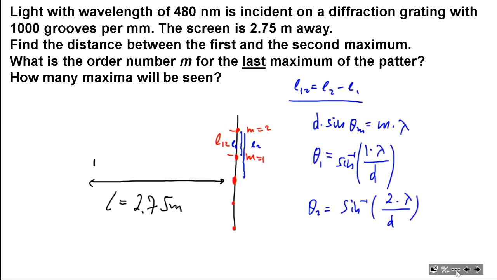What is d? Again, d is the distance between two adjacent slits. So the diffraction grating looks like this.